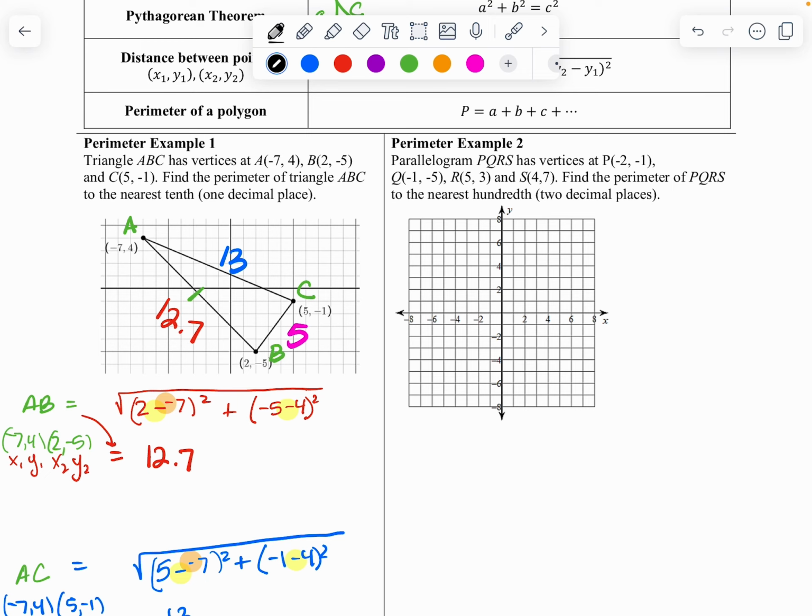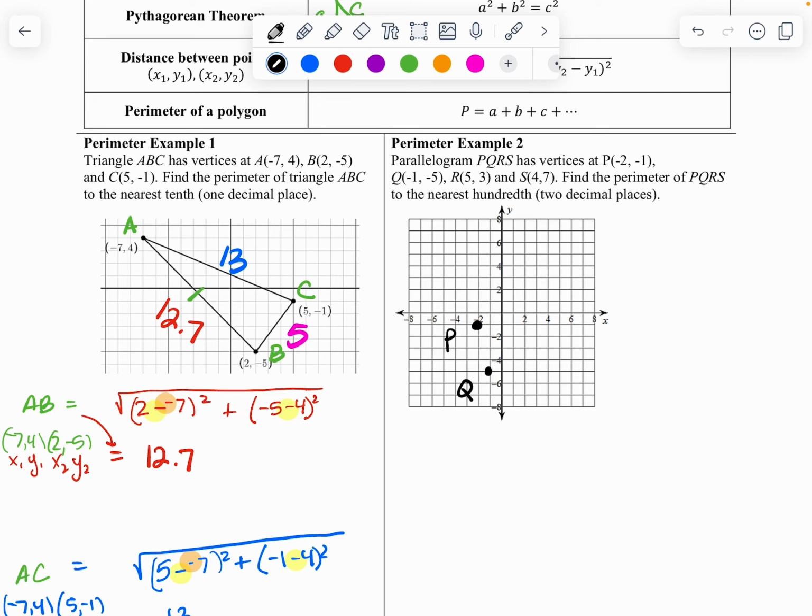So I have a parallelogram. That means I'm going to be making something with four sides, and they're not going to be vertical or horizontal sides. So I need to graph my points. We start with P, and we go left 2, down 1. So there's P. And then Q is left 1, down 5.